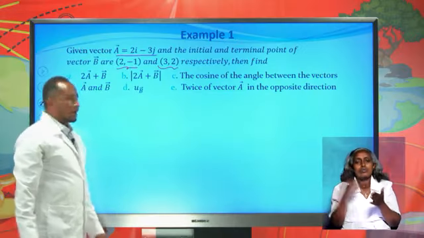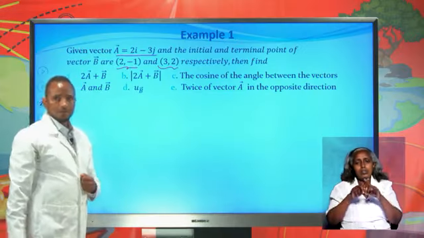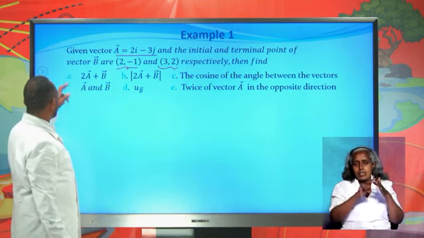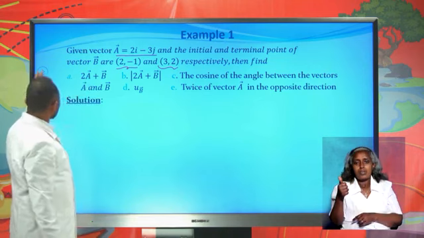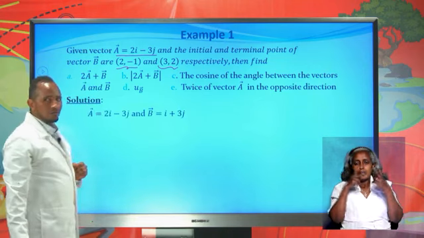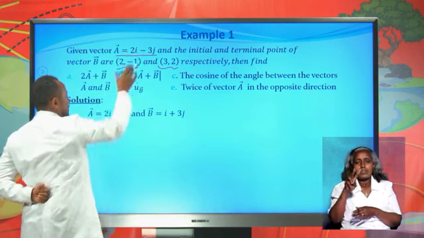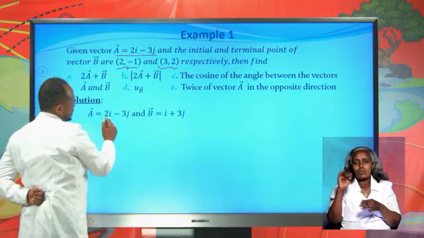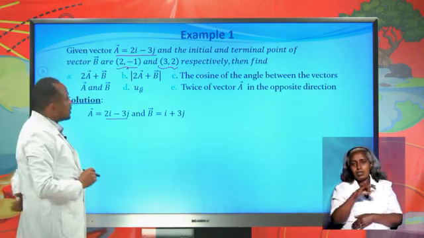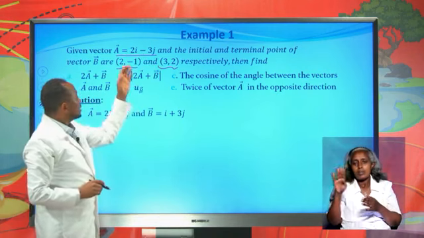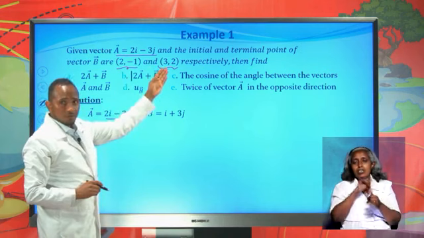Using this, we are asked different questions here. Let's see each one by one. Vector A is given, it is 2i minus 3j, and we need to find vector B, whose initial and terminal points are given.